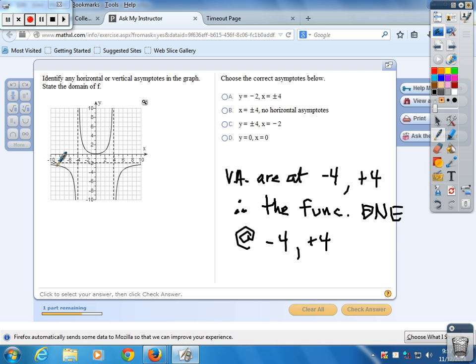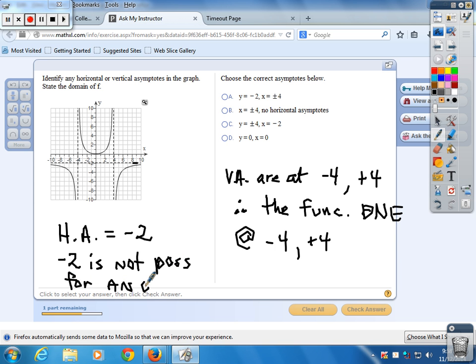What is our horizontal asymptote? -2. Which means -2 is not possible for an output.